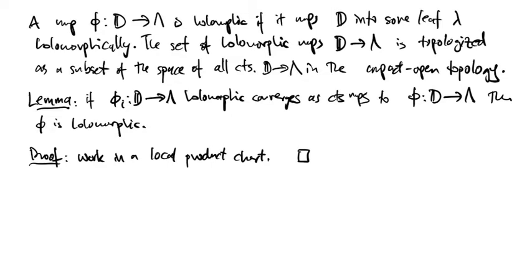In other words, it takes the unit disk into some leaf, and as a map from the unit disk to that leaf considered as a Riemann surface, it is a holomorphic map. The proof of this is immediate if one works in local product charts, where it simply becomes an observation about continuous limits of families of holomorphic functions.